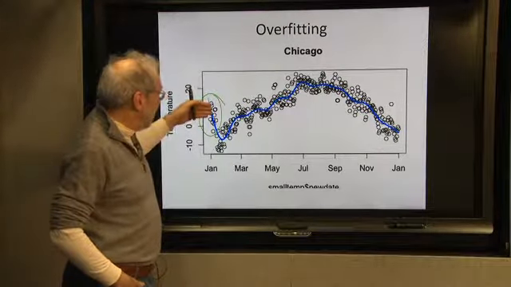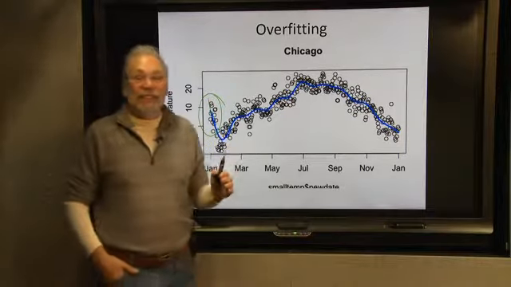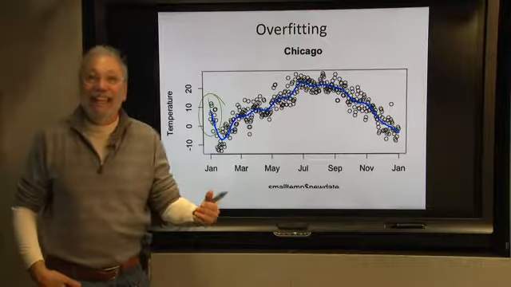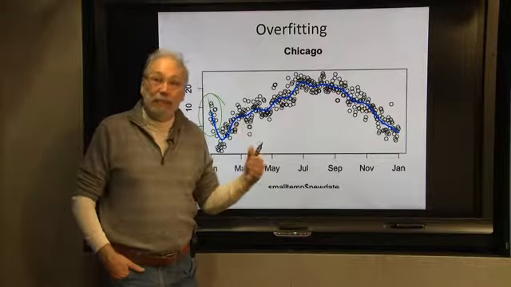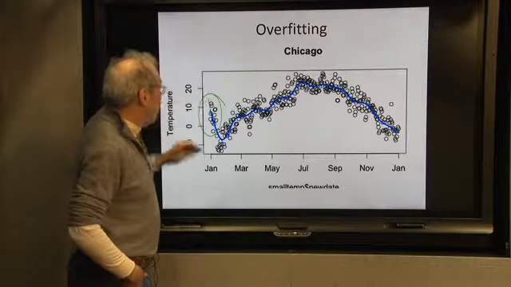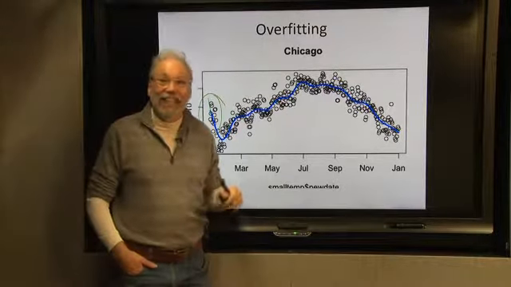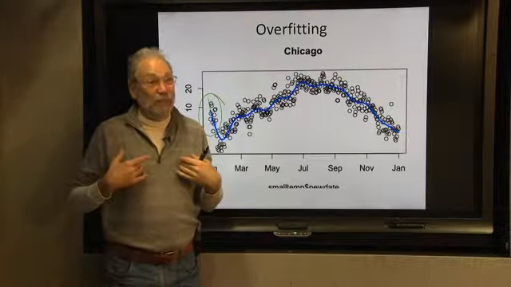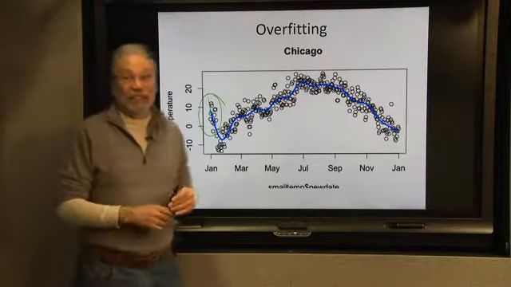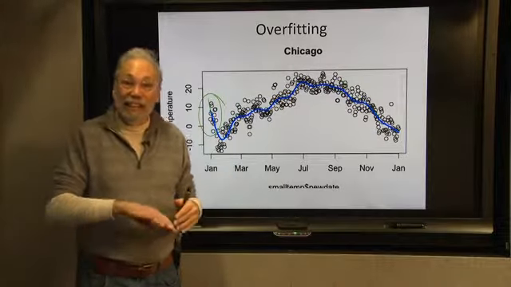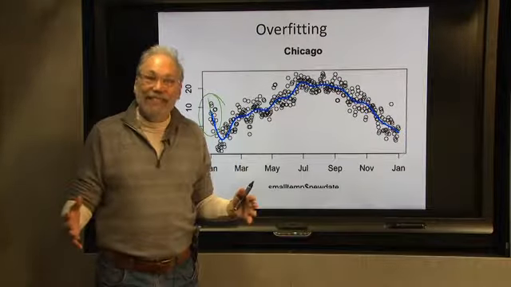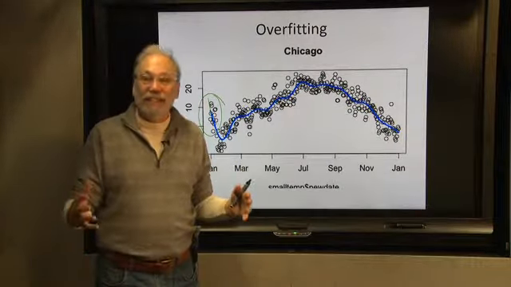Indeed, if I want to use this curve as an example of the typical weather pattern in January, it is probably not typical to have very mild spring-like days in the beginning of January in Chicago. At least that's what my Chicago friends tell me. Okay? So maybe we don't want to fit that very well if we're trying to ask the question, what in general does seasonal temperature patterns look like in Chicago?